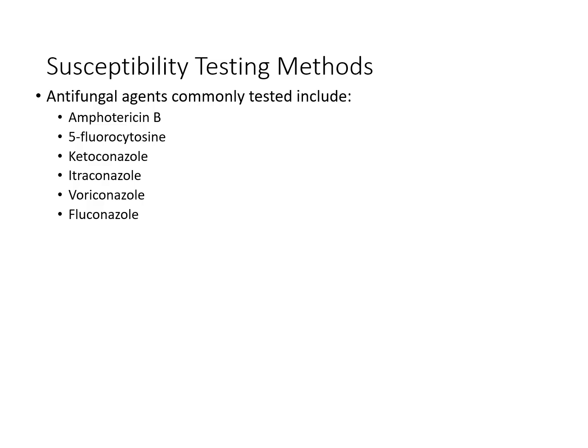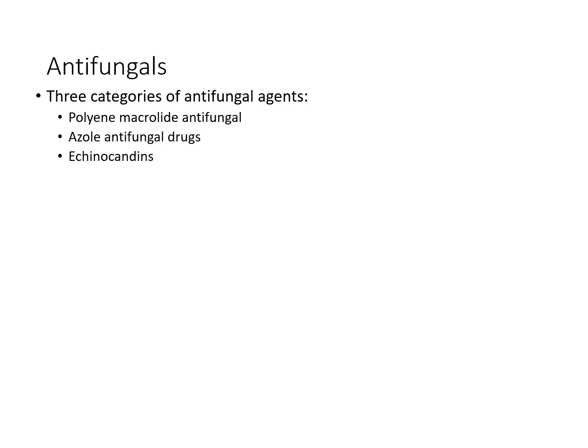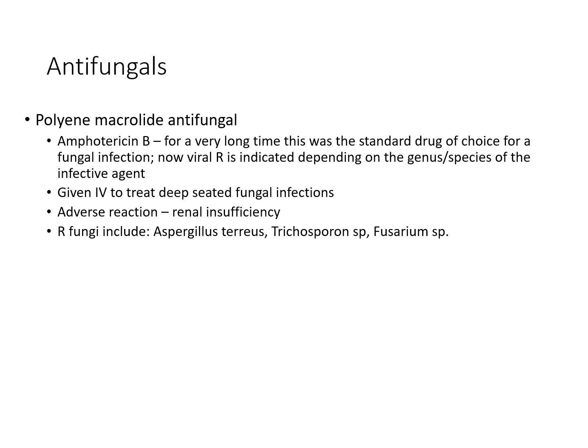This is a list of commonly tested antifungal agents in susceptibility testing. We have the polyene macrolide antifungal amphotericin B, which has long been considered the standard drug of choice for treating fungal infections. However, resistance to amphotericin B varies depending on the genus and species of the infecting fungus.